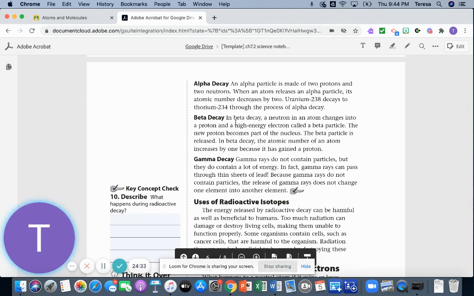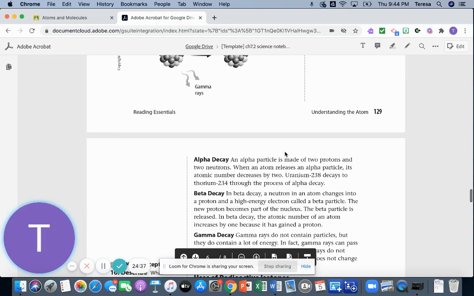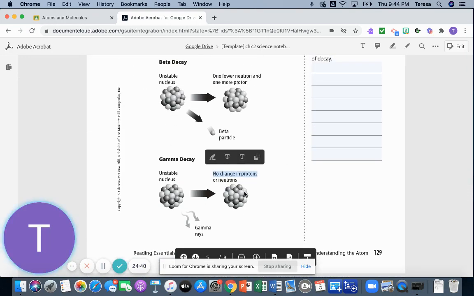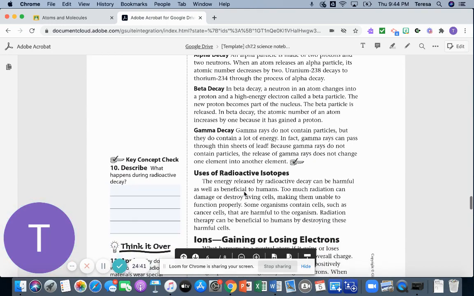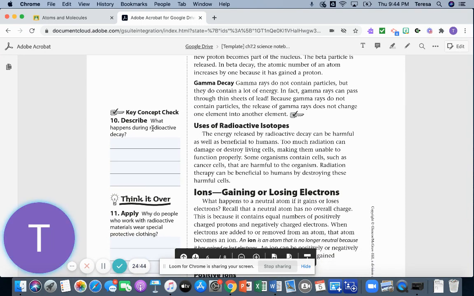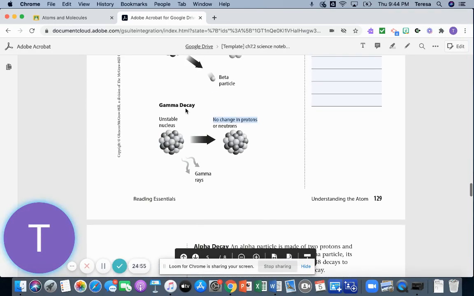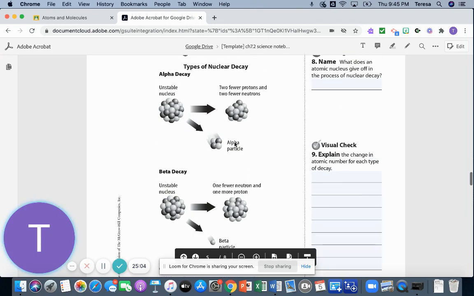Alpha decay, beta decay, gamma decay. Again, this is just going to describe what we talked about up here in terms of the picture, so I'm going to skip past that. What happens during radioactive decay? The energy released by radioactive decay, that's what's happening. Energy is being released in some form, and the nucleus goes from being unstable to more stable in the process.